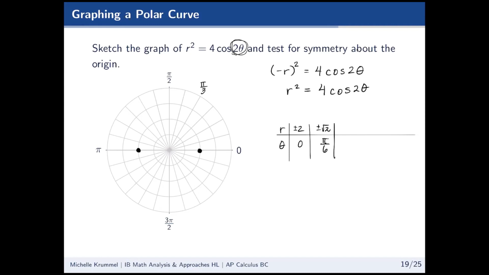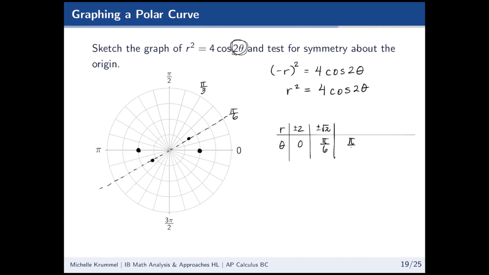Square root of 2 is approximately 1.4. So pi over 6, that's this angle right here. And we're going to go a little less than 1.5 radii in that direction, and then we can do the same thing in the opposite direction, a little less than 1.5. Okay, and so orientation like so and like so.